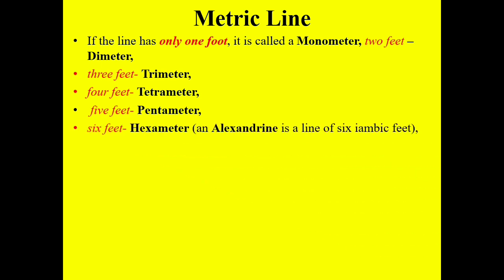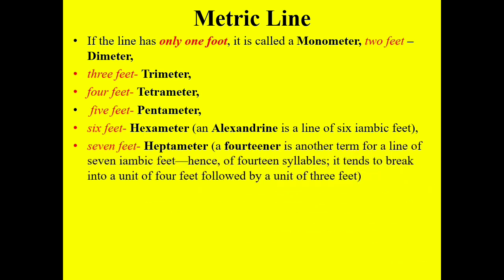If 6 feet, hexameter, which is also called Alexandrine, a line of 6 iambic feet. If the line has 7 feet, that is called heptameter. A fourteener is another term for a line of 7 iambic feet. Hence, of 14 syllables, it tends to break into a unit of 4 feet followed by a unit of 3 feet.